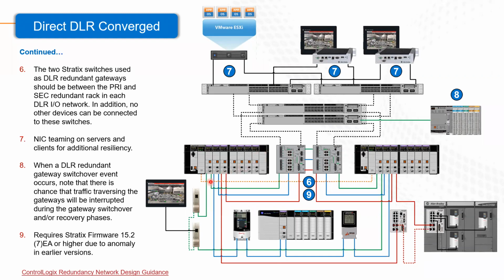As he mentioned earlier, the Stratix 5400 supports up to 3 device level ring connections. So that's where you're seeing the connection in between that. So you're seeing 3 large DLRs, and then all of that is communicating up to the bigger network. But you are limited to a single L8 5580 controller in a chassis for redundancy. You can't have 2 controllers in that same chassis anymore.